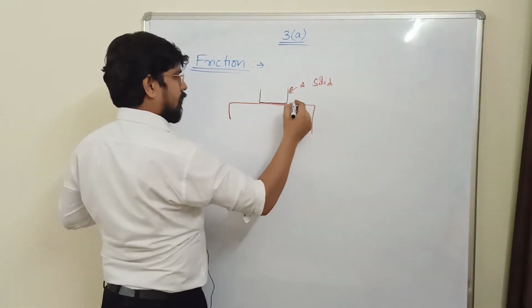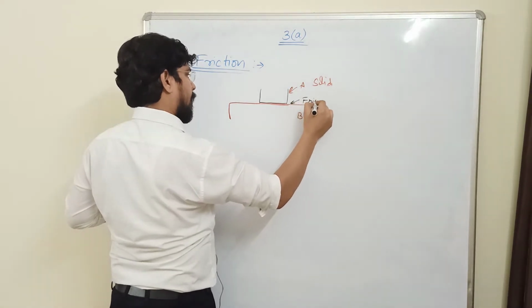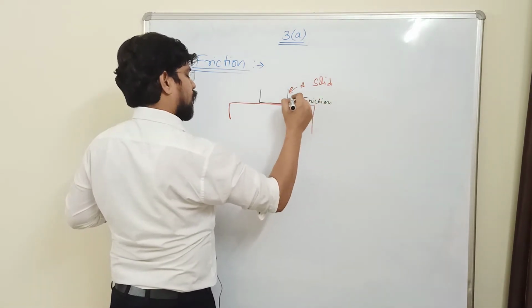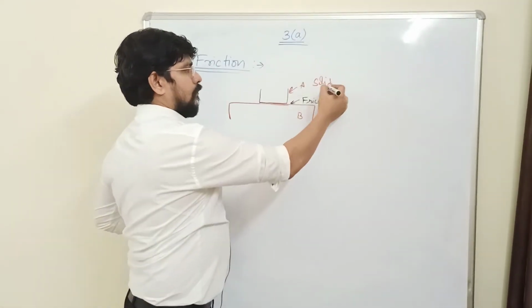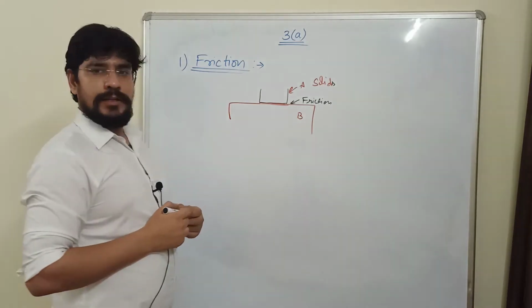One is the object, the other is the surface, and friction is working between two different objects, between solids. Then this is known as external friction.